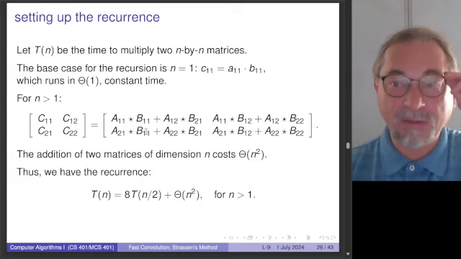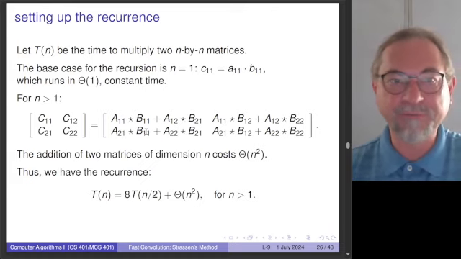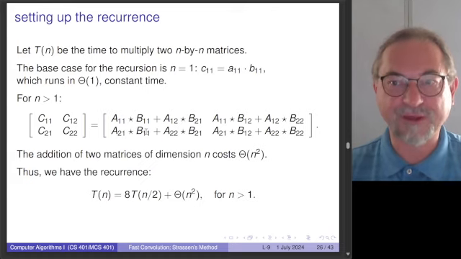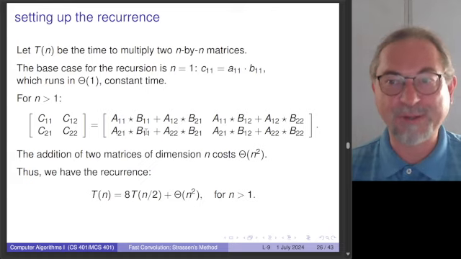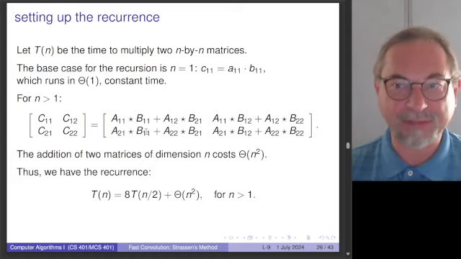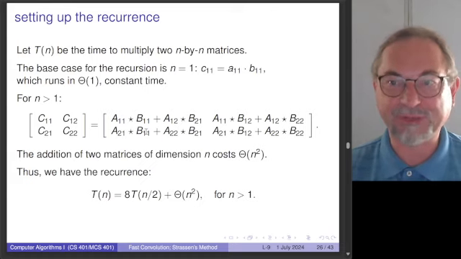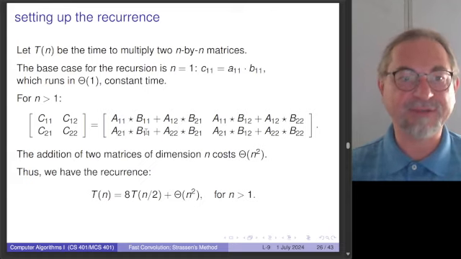Okay, how does this go recursively? If we are defining a recursive algorithm, we must know when to stop. The base case is when the size of the matrix is 1. Then you just have to multiply two numbers. And that runs in constant time.